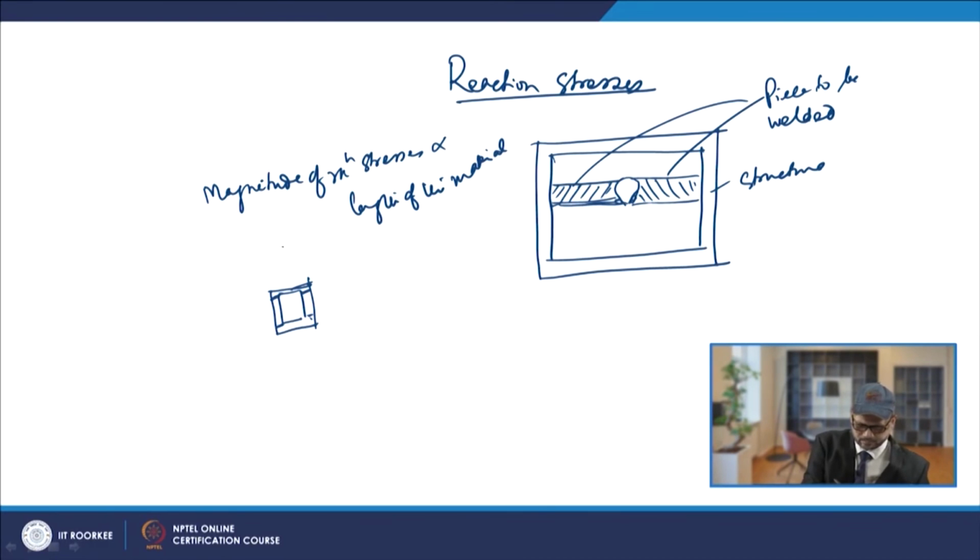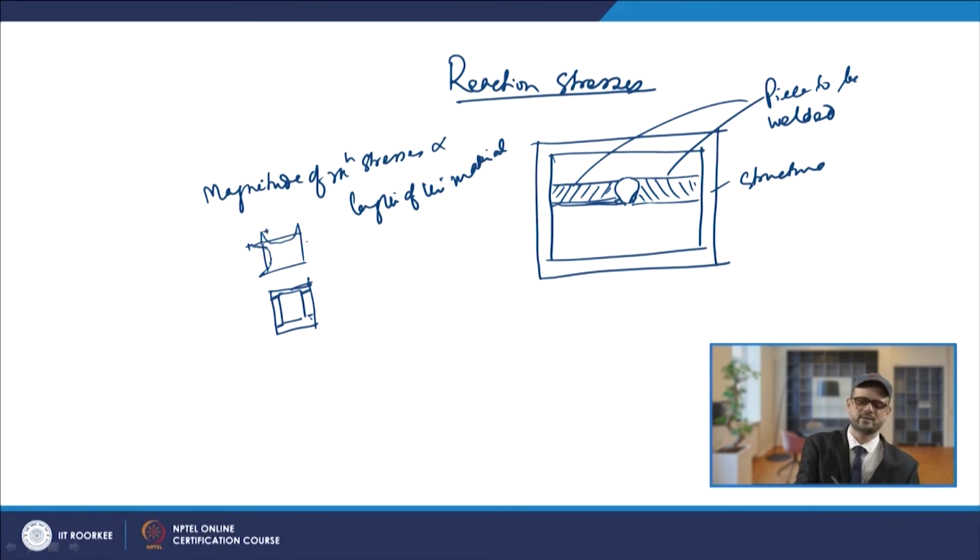If you look at the value of the residual stresses, it goes like this, and you have the value here. Similarly, it goes on this side like this. You will have positive as well as negative values: this side is positive and this side is negative.